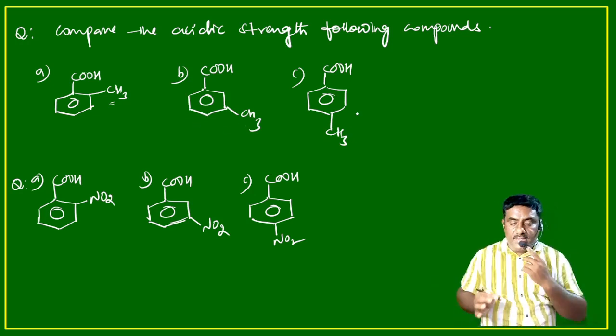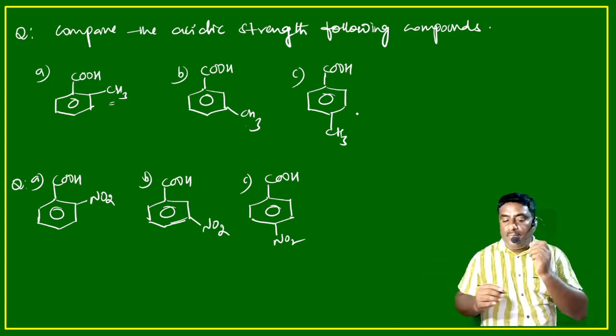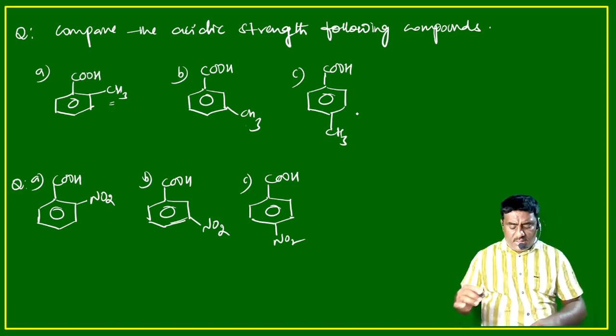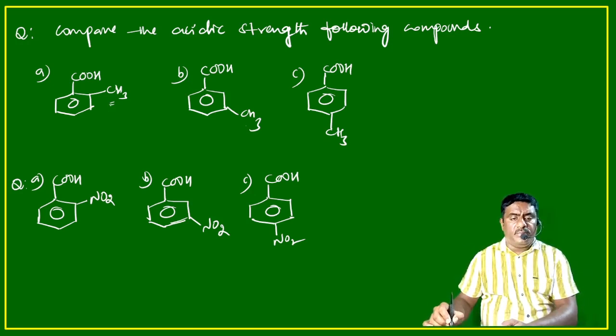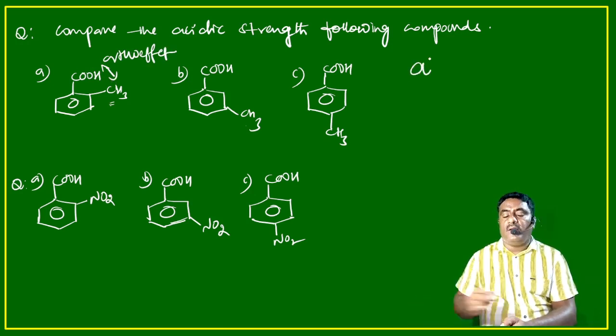All are benzoic acid with CH3 groups at ortho, meta, and para. In the ortho position the CH3 group is present, and it is repelled by COOH. It undergoes the ortho effect, so obviously it is more acidic than the others.